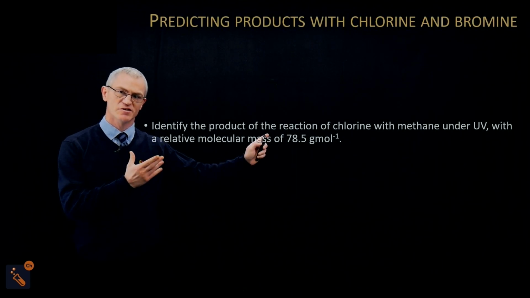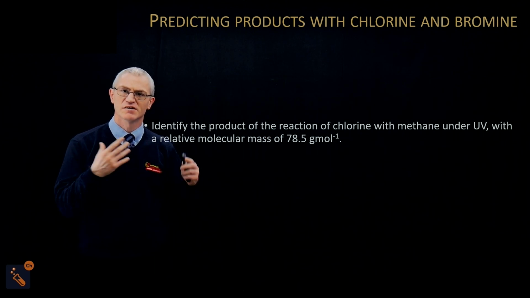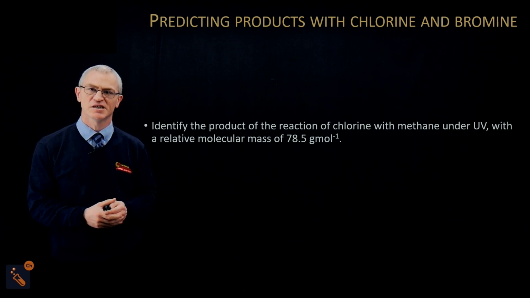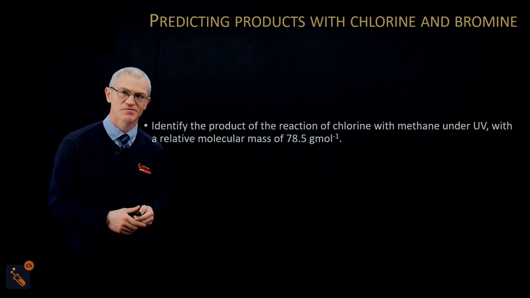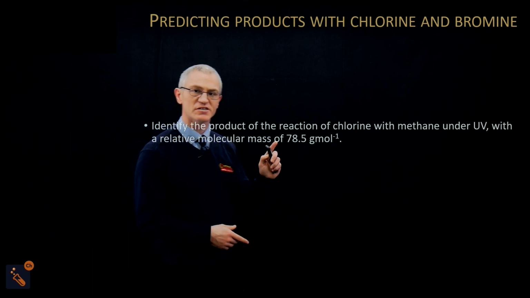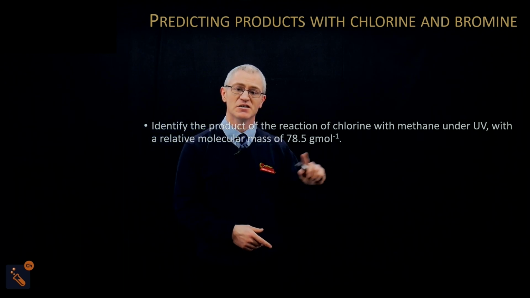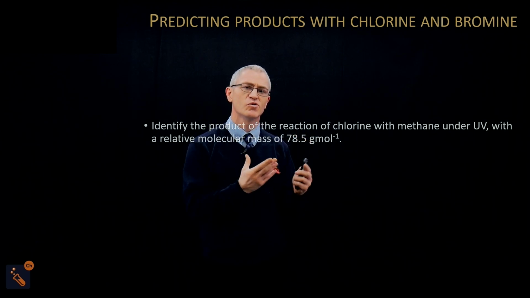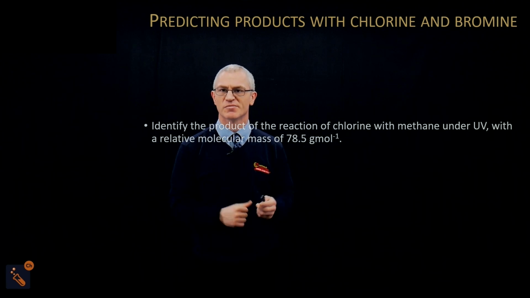So this time you have the product of the reaction of chlorine with methane under UV, with a relative molecular mass of 78.5. Now we've got a little tip here. If you ever have a question like this, you've got to look at this 0.5 and ask, what does that mean? Oh, chlorine. Well, what is the atomic mass of chlorine?